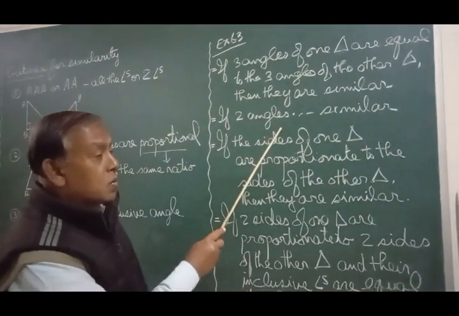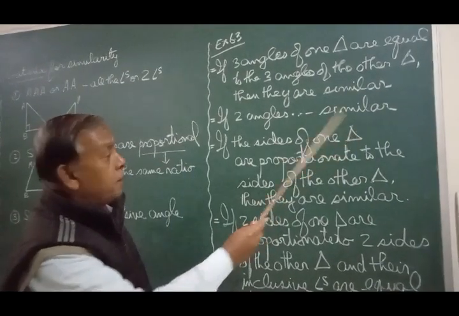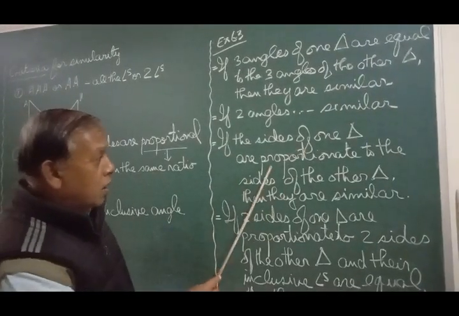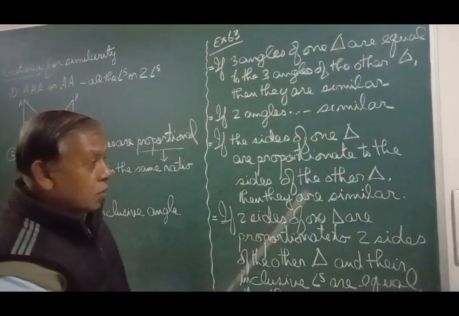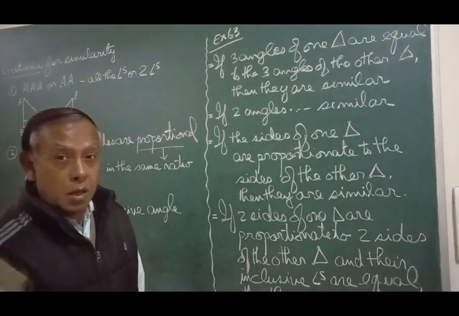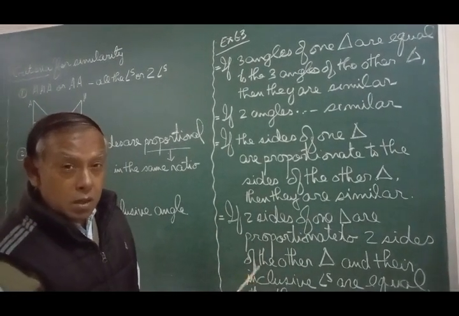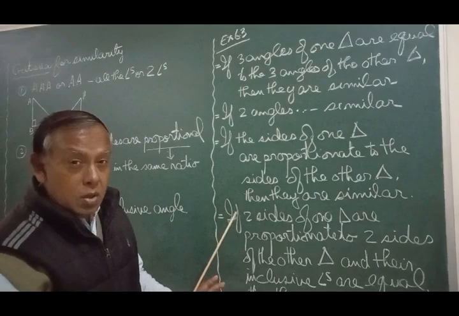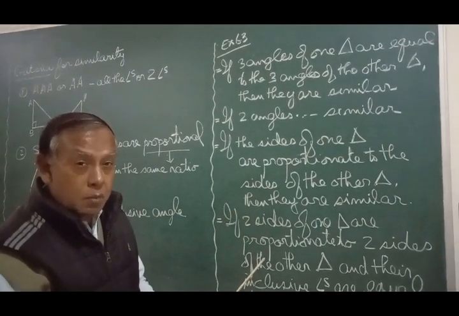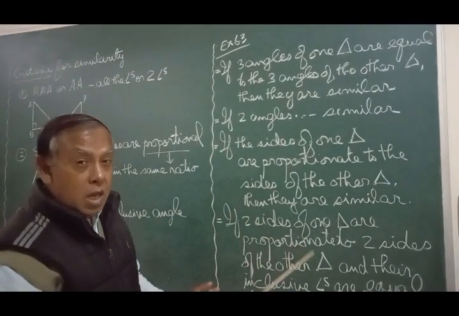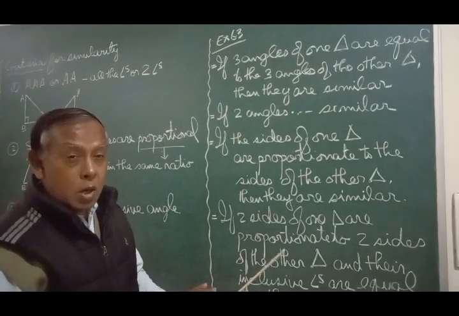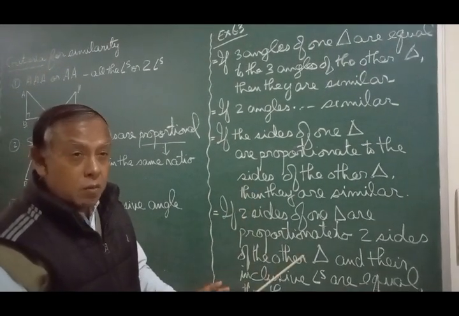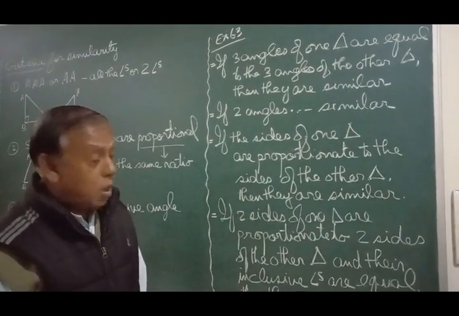If two angles, then also they are similar. If the sides of one triangle are proportionate to the sides of the other triangle, then they are similar. So we are just revising once again, because the exercises are based on these three theorems. They will give you either similarity or equality or whatever it is. Make use of what is given in order to find out what you are asked to do.